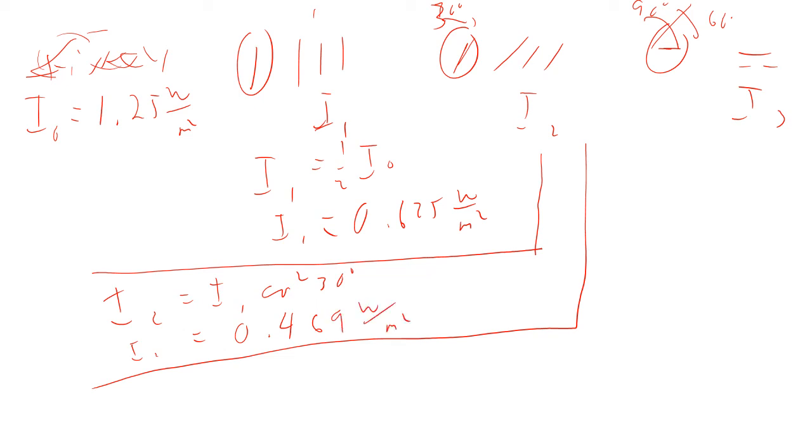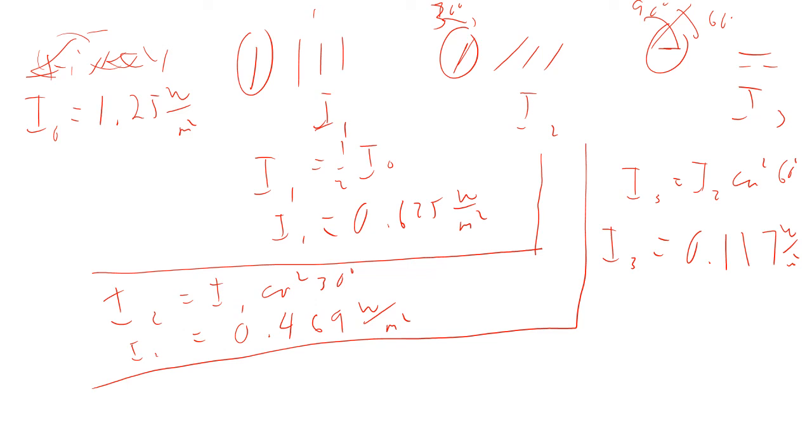So what about I3 over here? Well, I3 is going to be I2 cosine squared 60 degrees. So I3 will be 0.469 times the cosine of 60 squared, and that's going to be equal to 0.117 watts per square meter.